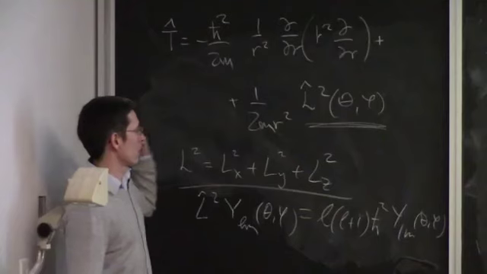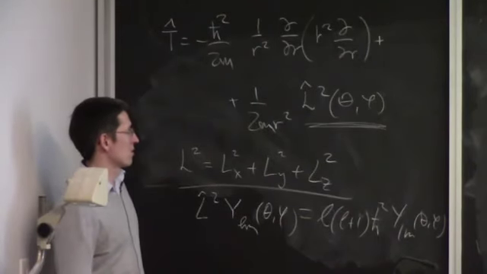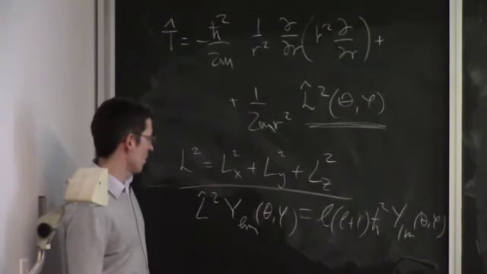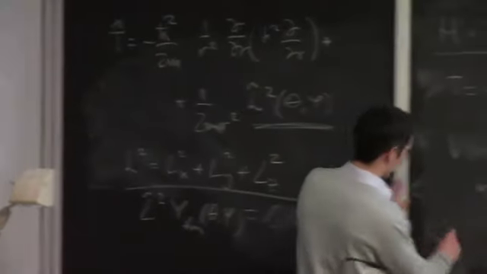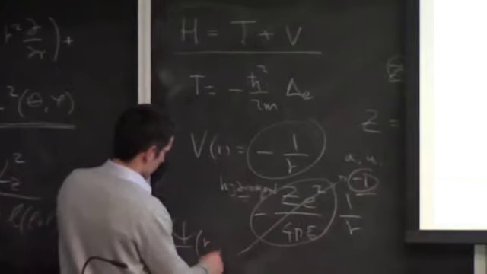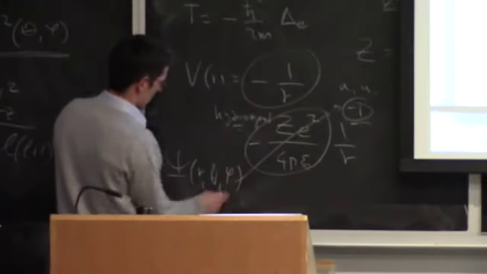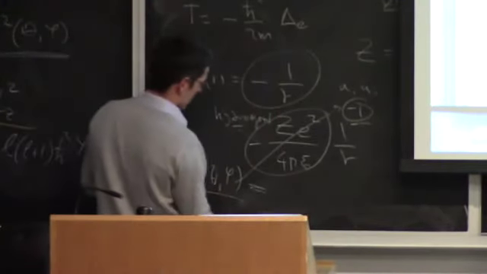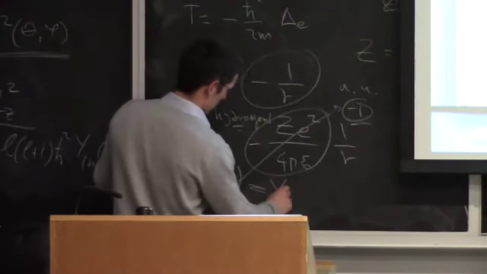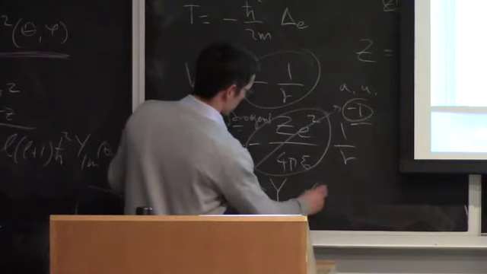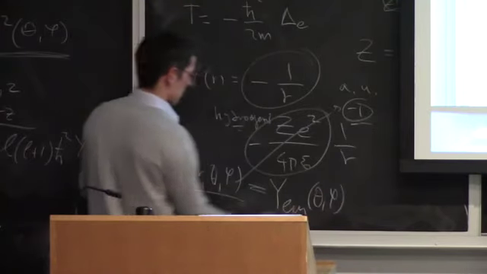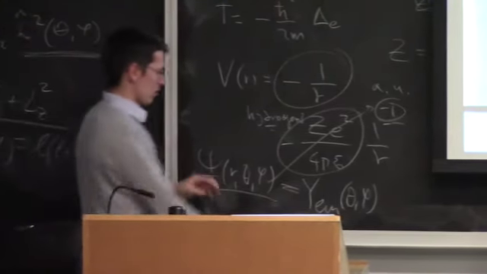What we're missing right now is what part of the solution? If the total wave function is written in 3 coordinates, the function that corresponds to the angular coordinates is the spherical harmonics function.